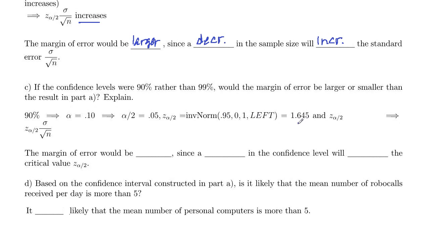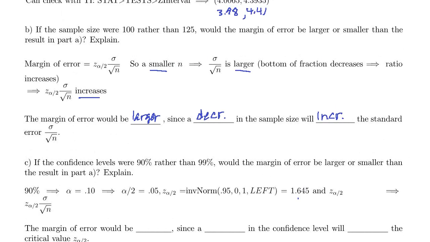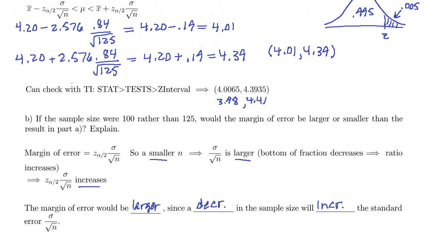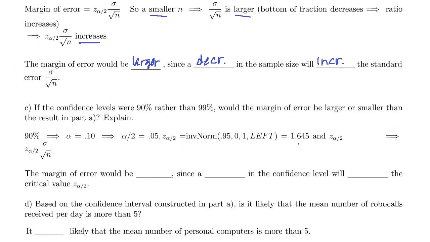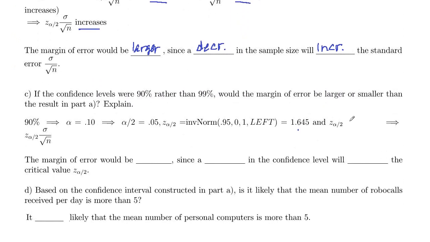And so what's going on there is that our z-value here has gone from 2.576 down to 1.645. So it decreased. So the z alpha over 2 decreases, which means that z alpha over 2 sigma over root n also decreases. Because this part stays the same, this part gets smaller, so the whole thing gets smaller.